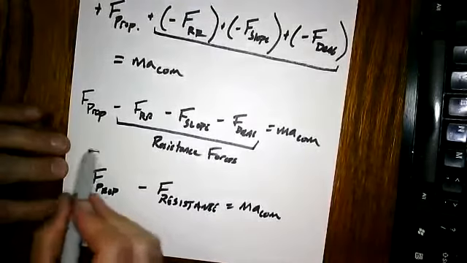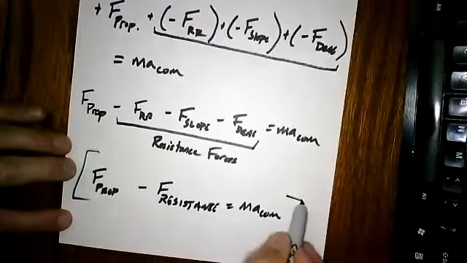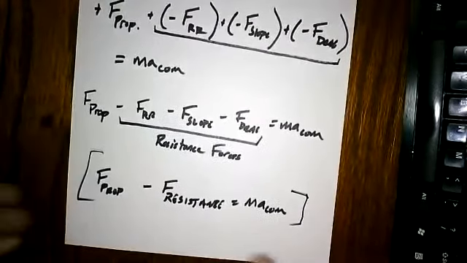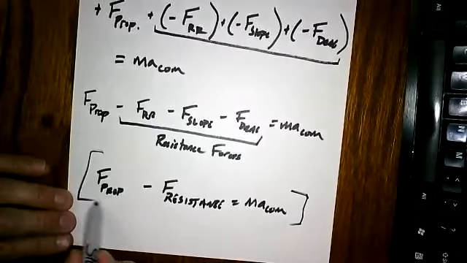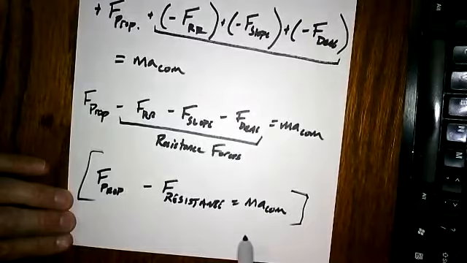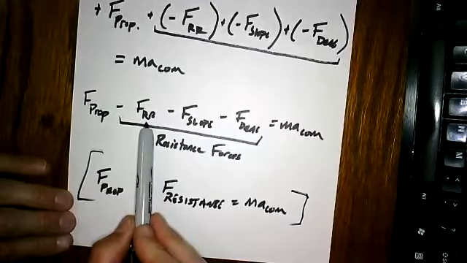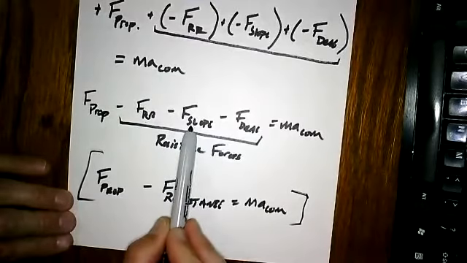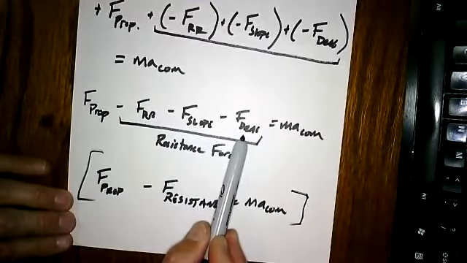This is our general equation for biking. If we know the propulsion force, and if we know all the resistance forces, we can understand the kinematics. The resistance forces come from rolling resistance, slope resistance, and drag resistance.